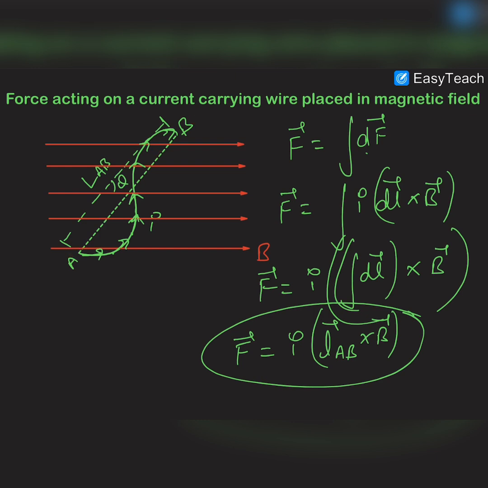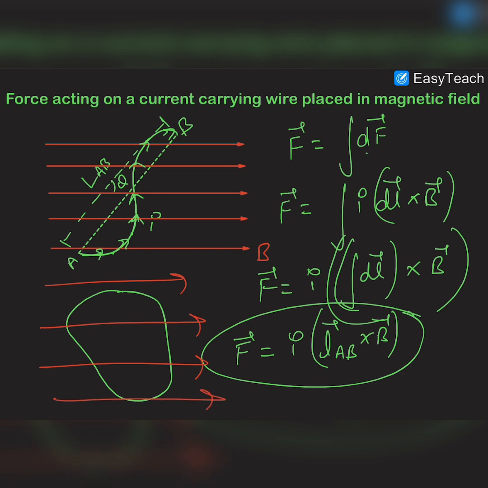And obviously if this is a current carrying loop of any arbitrary shape, and the magnetic field is like that, then the vector sum of forces on the loop will be 0, and obviously the magnetic field should be uniform.